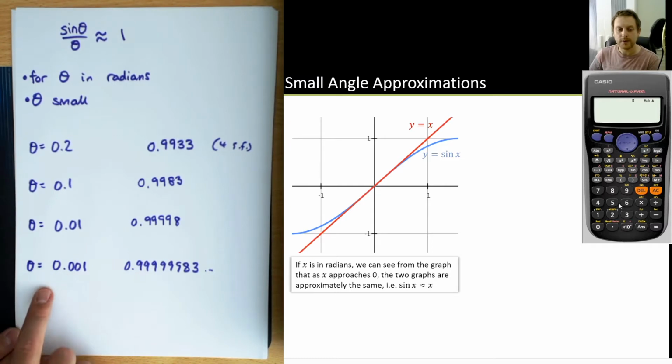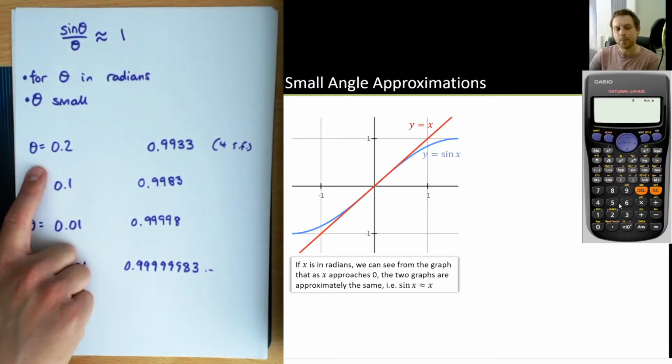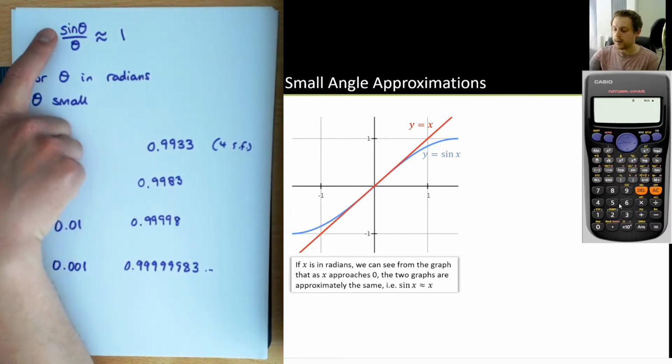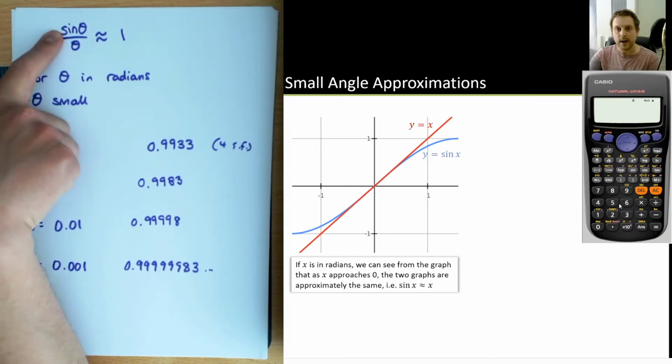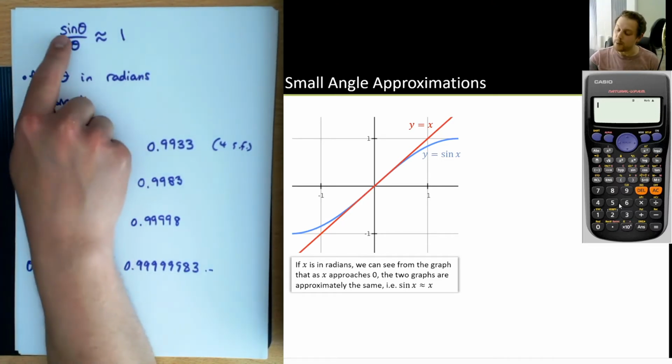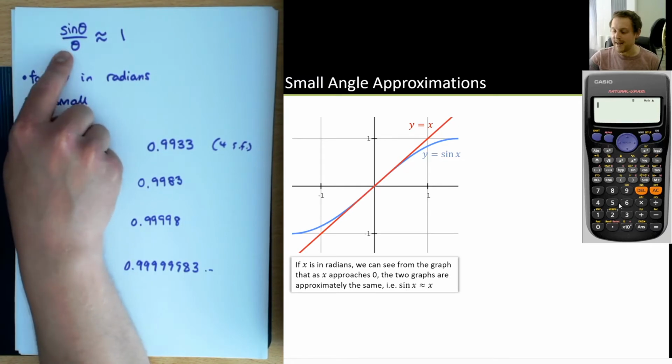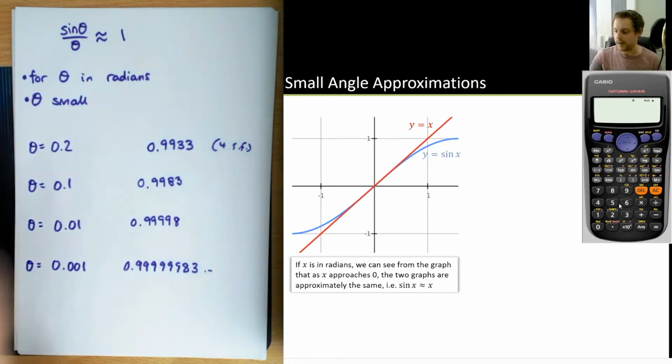I could also have taken some negative thetas, because sine of a negative angle is the negative of sine of the positive angle. That's a bit confusing to say, but basically there will be a negative on the top and a negative on the bottom, and they'll cancel out and you'll still get 1. So I'll just illustrate that now.